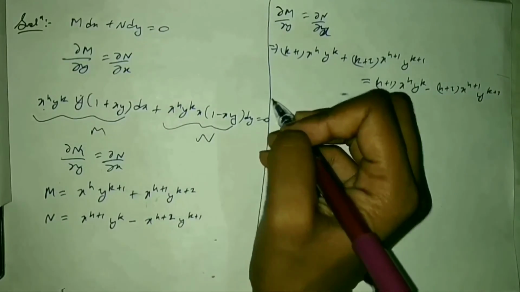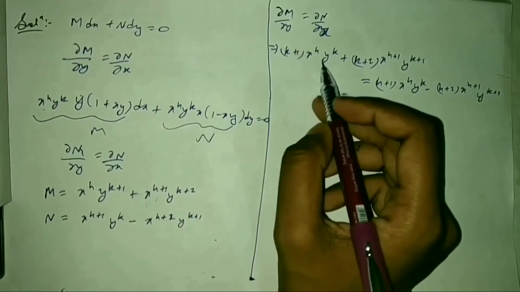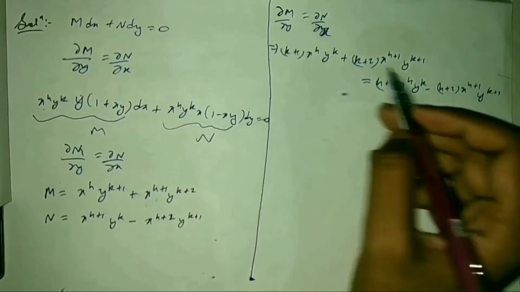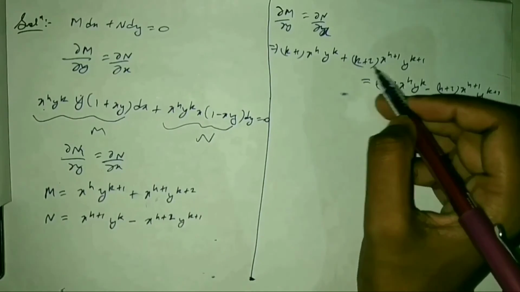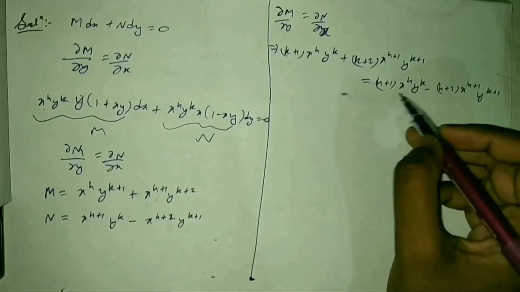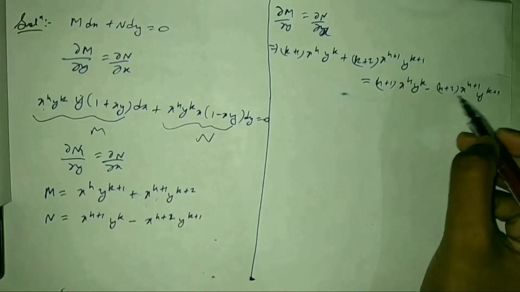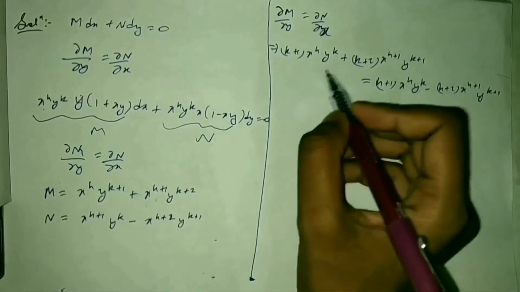Note that on the left hand side, the coefficient of x^h y^k is this thing, and the coefficient of x^(h+1) y^(k+1) is this thing. On the right hand side, the coefficient of x^h y^k is this thing, and the coefficient of x^(h+1) y^(k+1) is this thing. So we can compare.